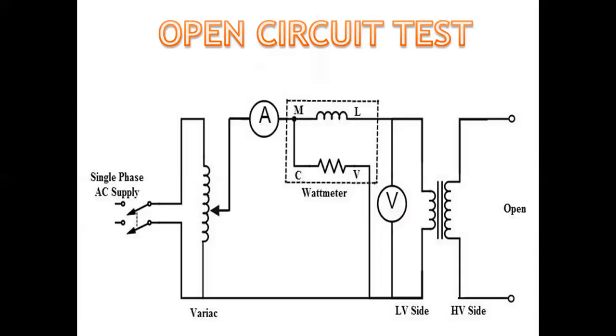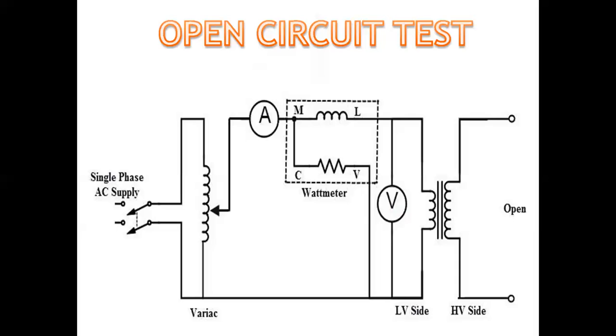With the help of an auto transformer or variac, a single phase AC supply is provided to the low voltage winding of the transformer and kept at rated voltage at rated frequency, because the open circuit test is done at rated voltage.